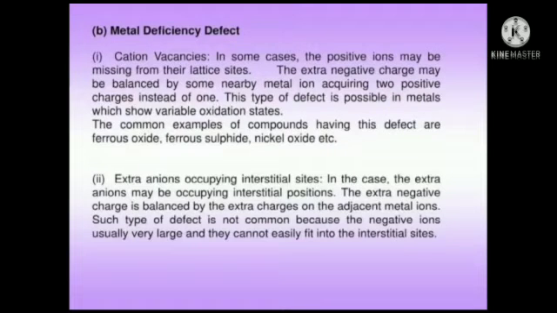Metal deficiency defect. This type of defect occurs in compounds containing transition metal atoms, which can exhibit variable valency. This defect arises in two ways: by cation vacancies and by the presence of extra interstitial anions. First is metal deficiency defect by cation vacancies.